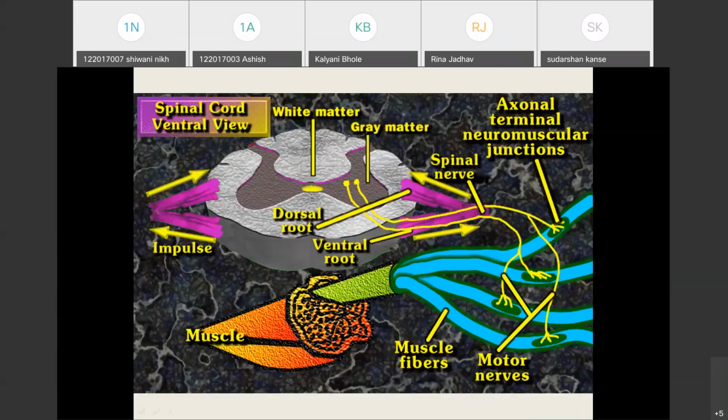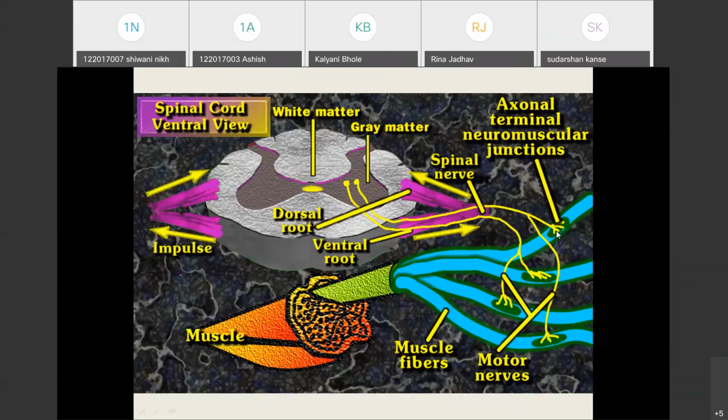It takes the signal. So at the front part, from say the spinal cord, the signal is coming. That signal travels across the neuron, and the signal reaches the end part. The end part is made up of dendrites.